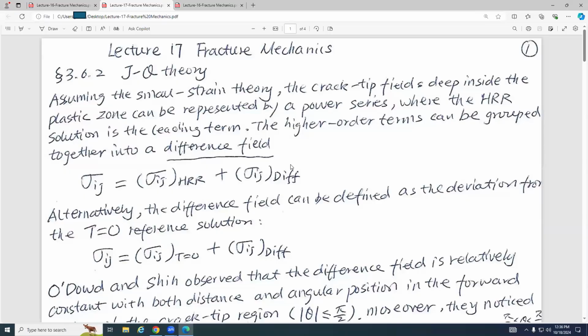So what's the JQ theory? This is our second 2-parameter model. Our first 2-parameter model is the KT theory.